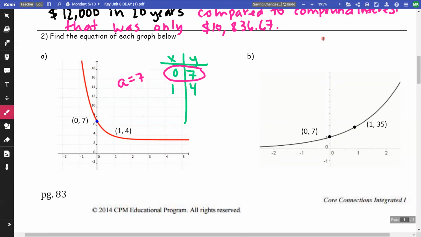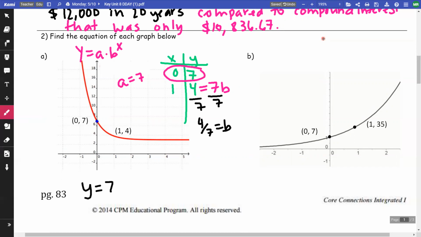So these equations should always be y equal A times B to the power X. So I find my A. I know that for this 4 here, it was 7 times my b. And so if I solve that by dividing both sides by 7, I get that my b is going to be 4 sevenths. So the equation is going to be y equal a, which is 7, times 4 sevenths to the power x.